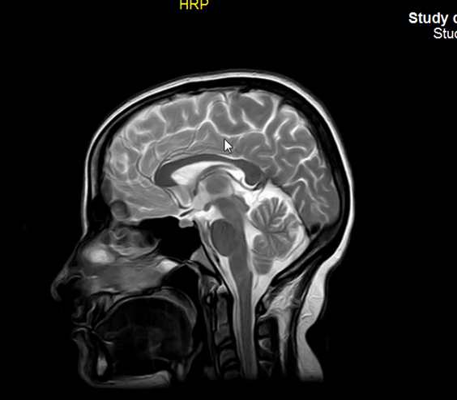Then you have this big gyrus here called the cingulate gyrus. What do we call it? Cingulate gyrus. Good. And then another sulcus called the cingulate sulcus. So I have the pericallosal sulcus, cingulate gyrus, cingulate sulcus. Okay?